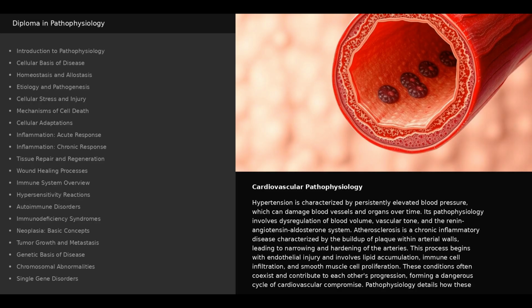This process begins with endothelial injury and involves lipid accumulation, immune cell infiltration, and smooth muscle cell proliferation. These conditions often coexist and contribute to each other's progression, forming a dangerous cycle of cardiovascular compromise. Pathophysiology details how these processes lead to clinical events like heart attacks and strokes.